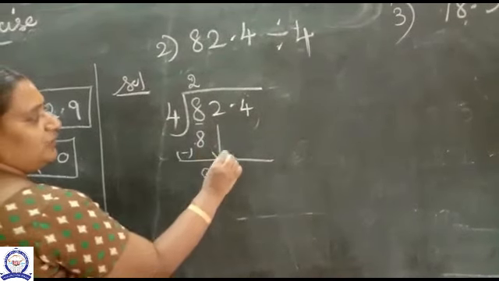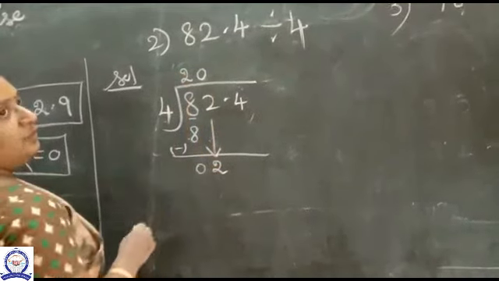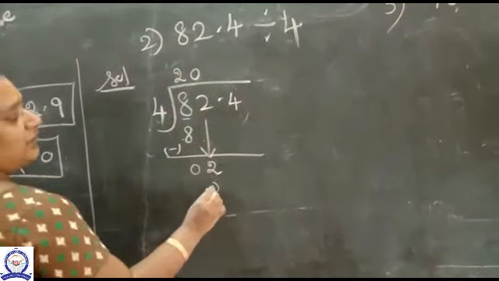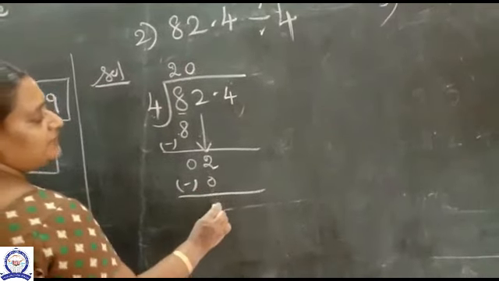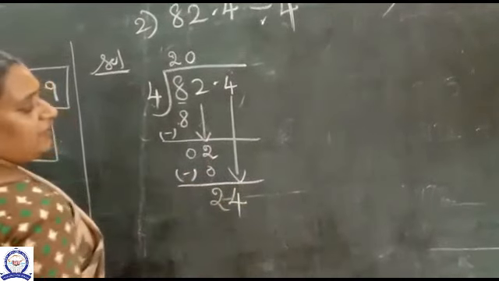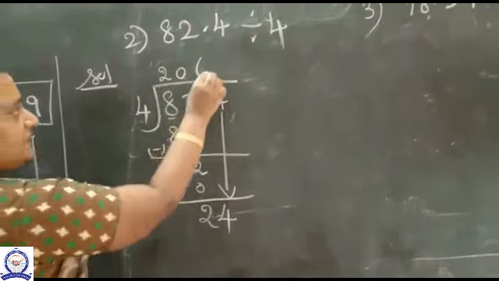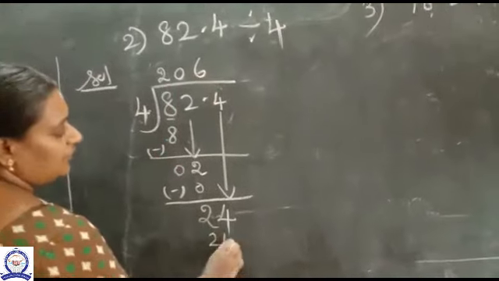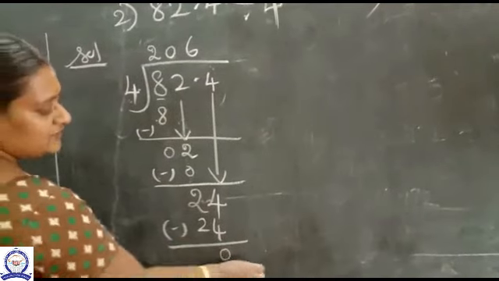Next step la 2 கீழே கொண்டு வரோம். 4 table la 2 வராது. So 0 times. So 2 minus 0 is 2. Next step 4 கீழே கொண்டு வரணும். Now it is 24. So 6 4s are 24. So 24 minus 24, 0.